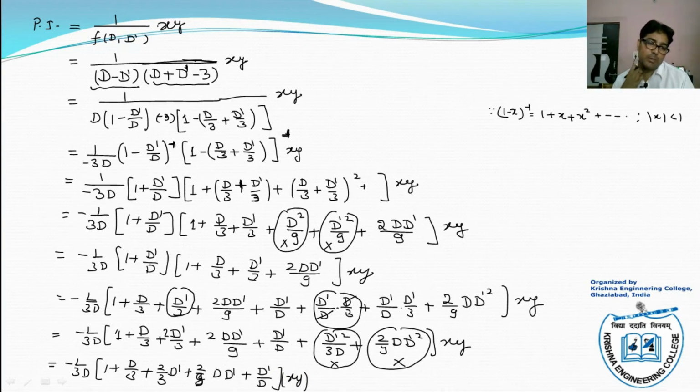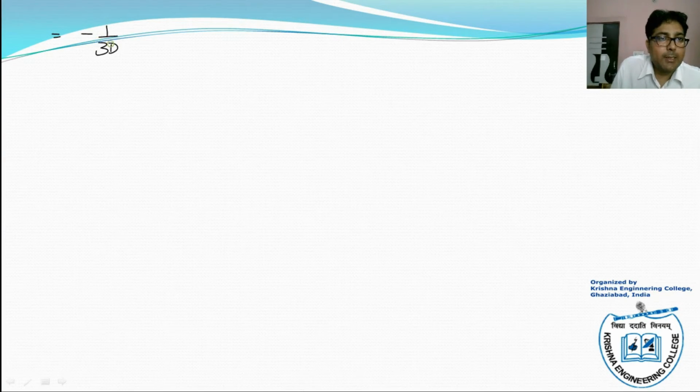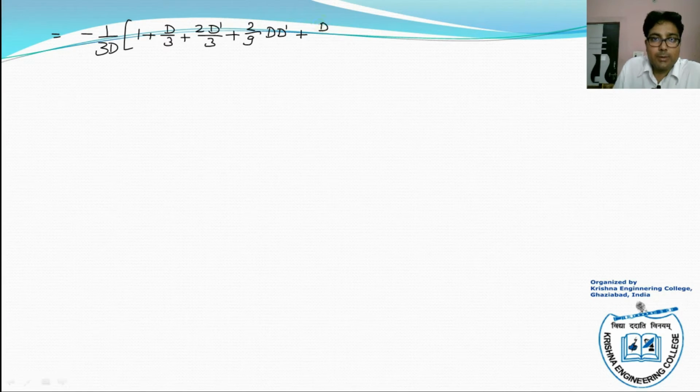Now we complete this problem on the next page. This is minus 1 upon 3D, 1 plus D by 3 plus 2 by 3 D dash plus 2 by 9 DD dash plus D dash by D, xy.